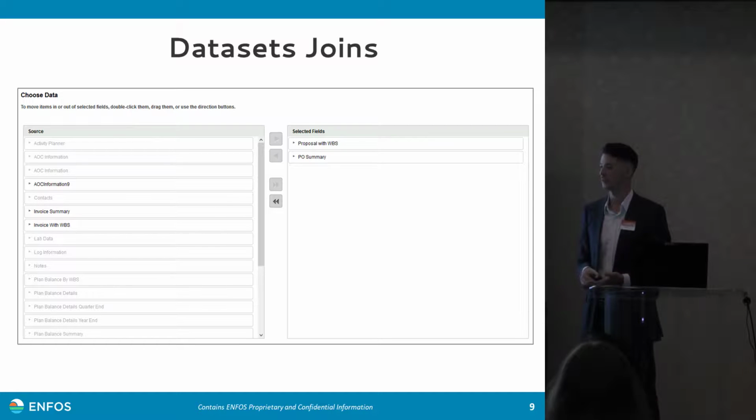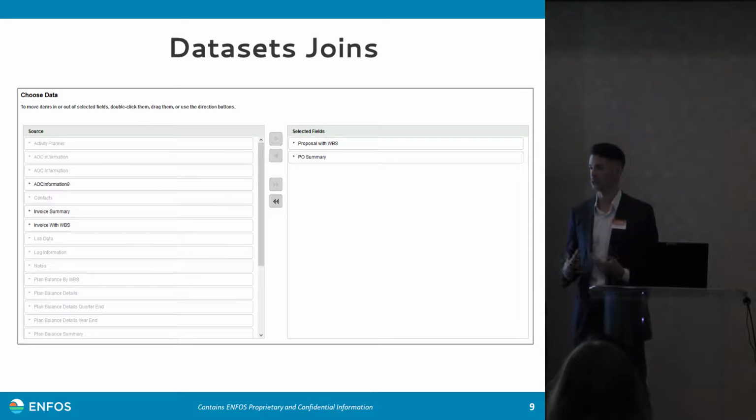That just means that we have not yet identified the primary key that links the two data sets together. So as you start to use the ENFOS Business Intelligence module, if you find things that you're saying, oh, I want to be able to do this, but there's no join available yet, let us know, because we have an ongoing list of things that we are actively joining.